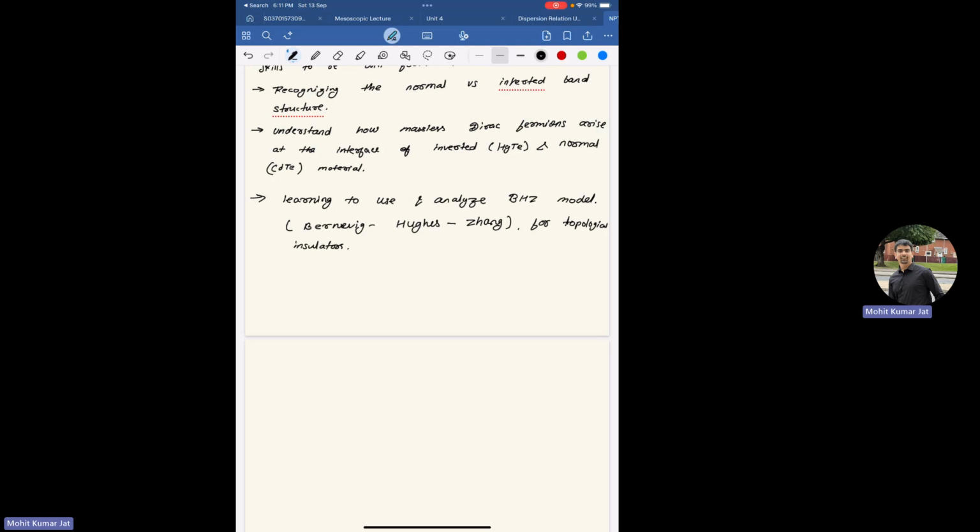And then you will be relating quantum well thickness to the topological phase transitions.